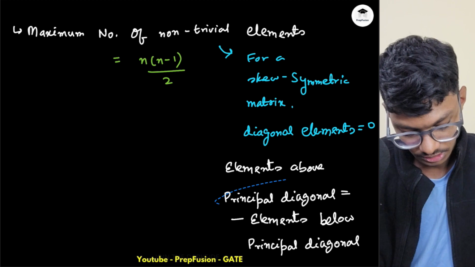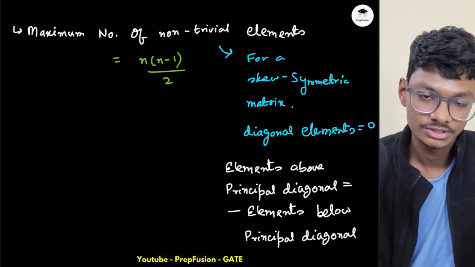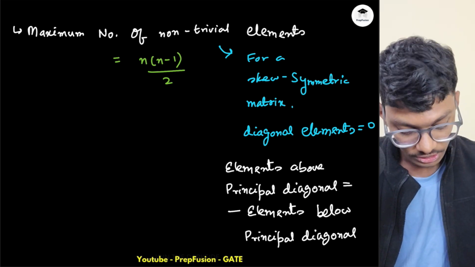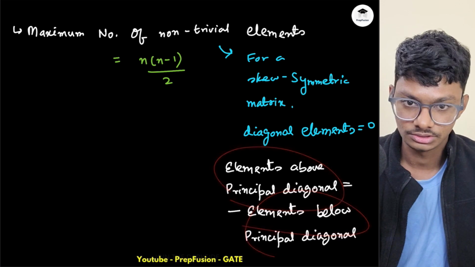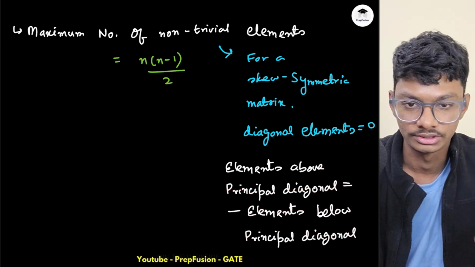If you know this, then obviously we know this. So only these are non-trivial, all these are trivial because we already know all this information, right?